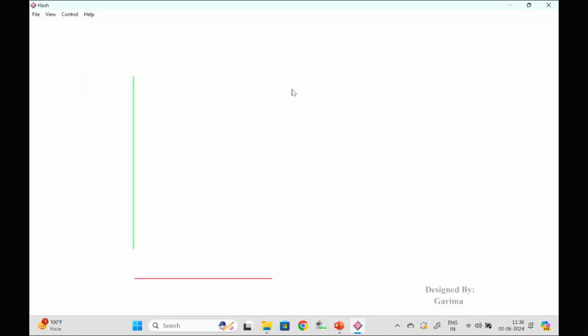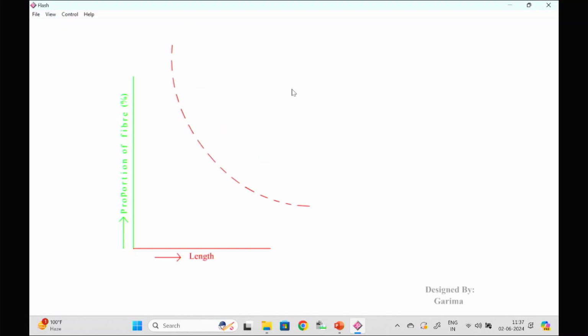Now there are two axes, one is green color and this one is red color. So green color shows the proportion of fiber, where proportion of fiber is on the y axis and length is on the x axis, that is the fibrogram. Okay, so the typical fibrogram of cotton is this typical shape.